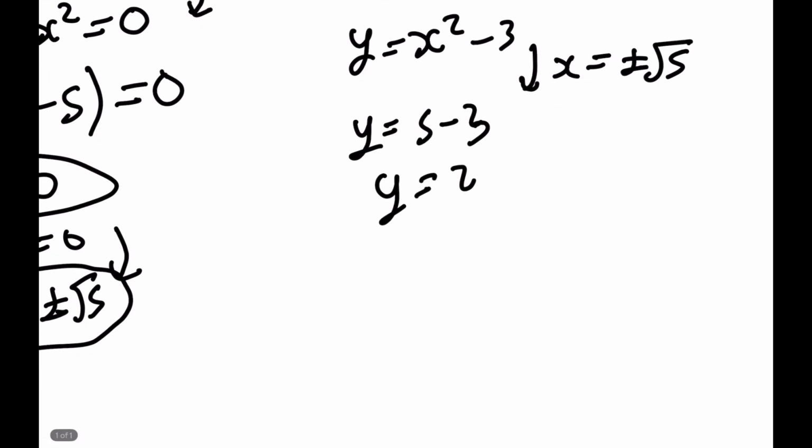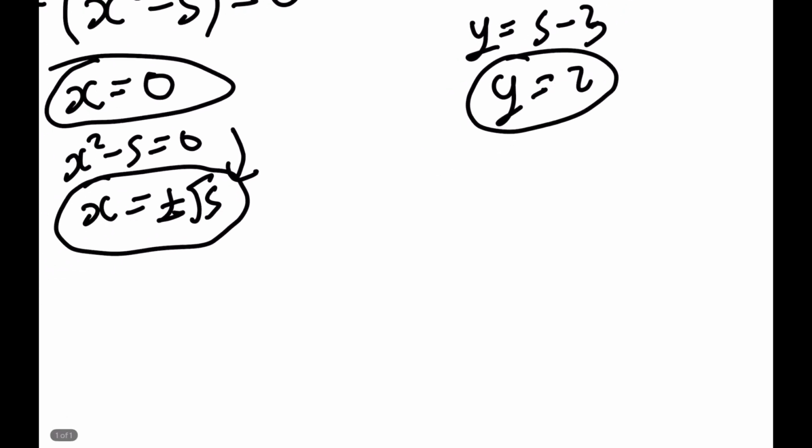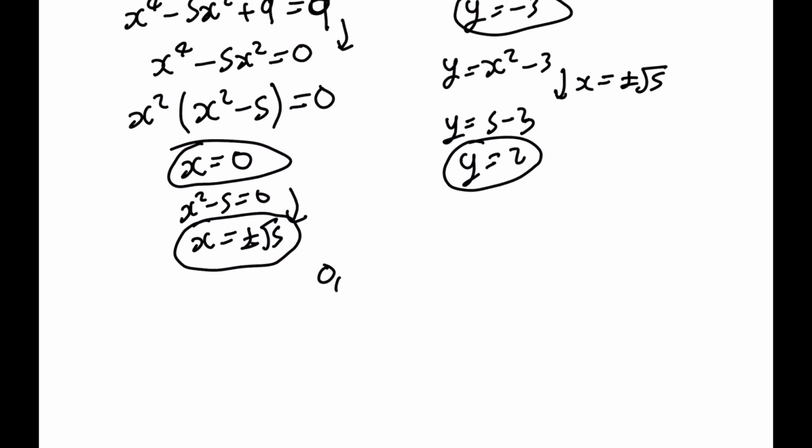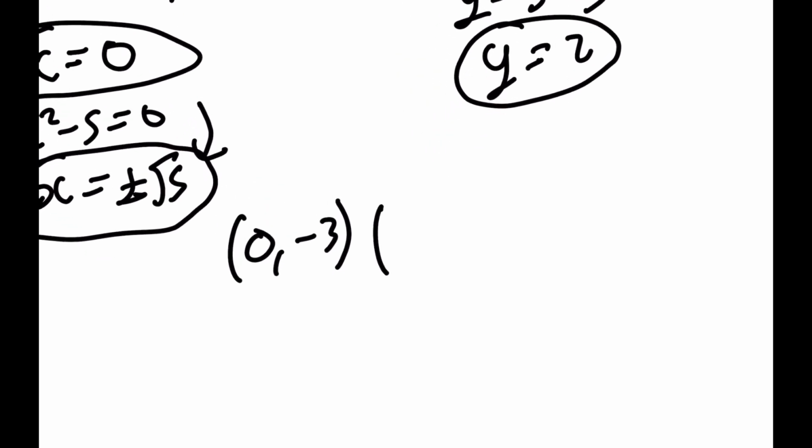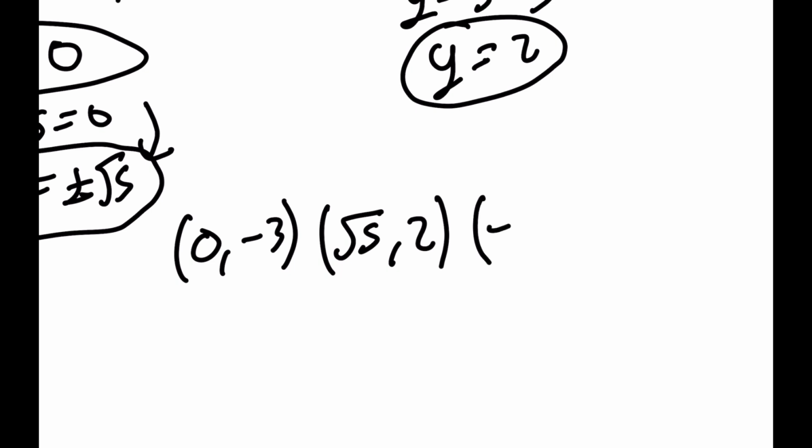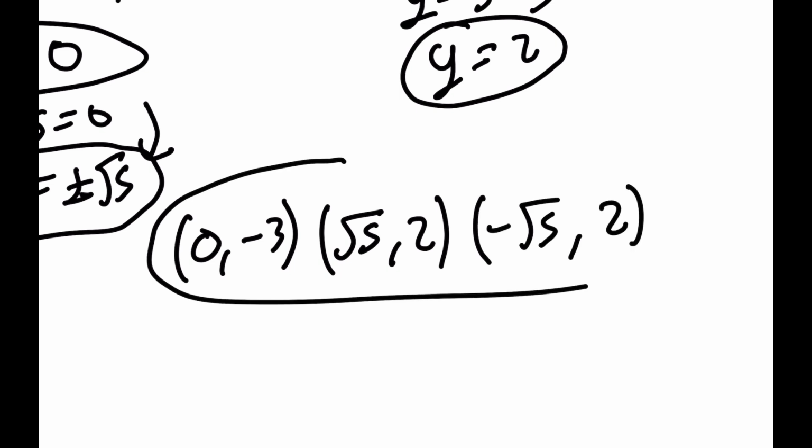So now we have three coordinates: either 0, minus 3, or root 5, 2, or minus root 5, 2. And these are all our coordinates of intersection.